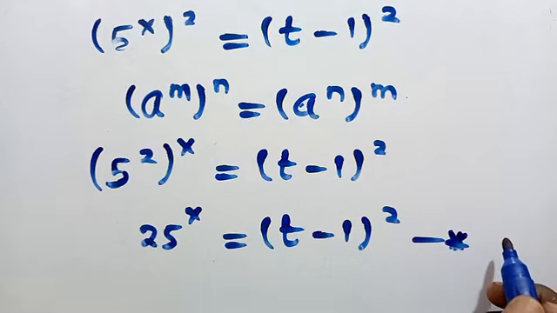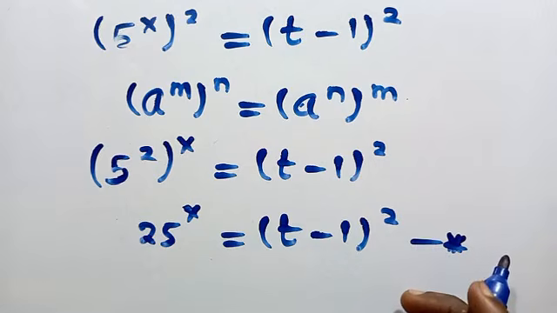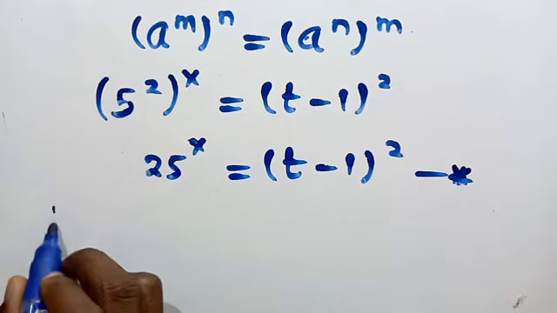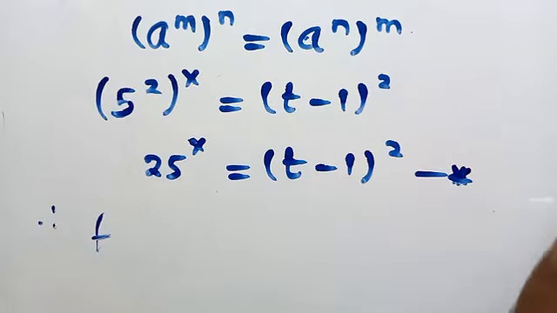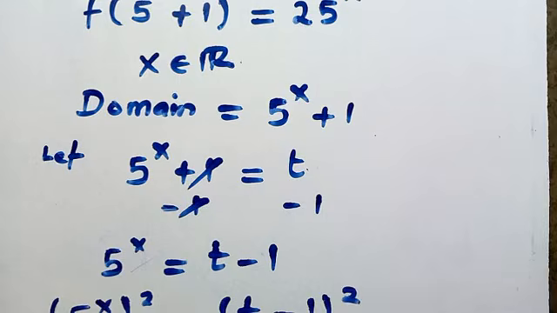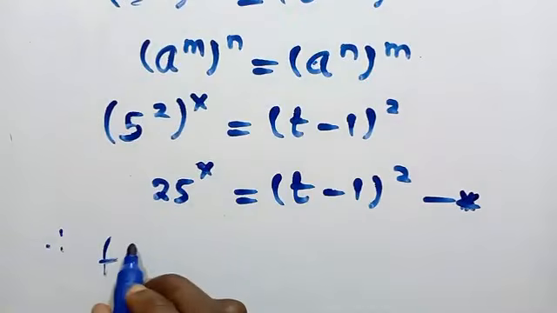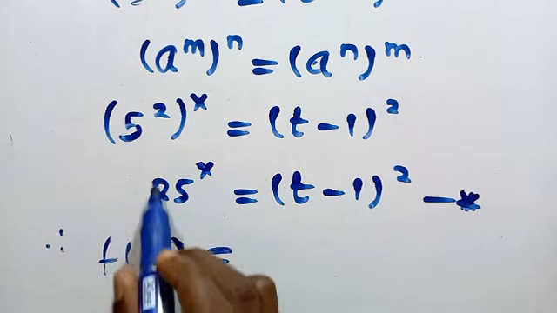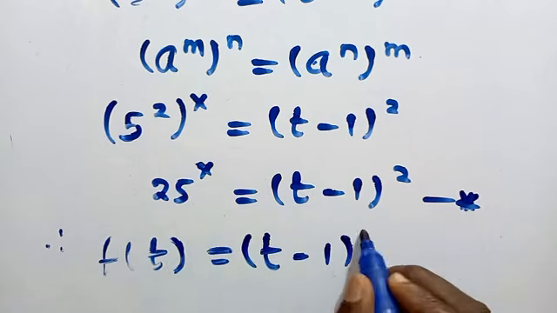So here it comes. The right hand side of that equation is now t minus 1 to the power of 2. Let's substitute back. We have f of 5 to the power x plus 1, and 5 to the power of x plus 1 is now our t. By replacing it, we have f of t equals, and the whole of 25 to the power x is now t minus 1 raised to power of 2.